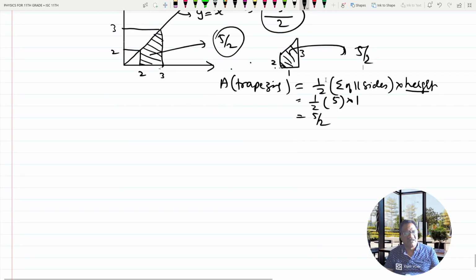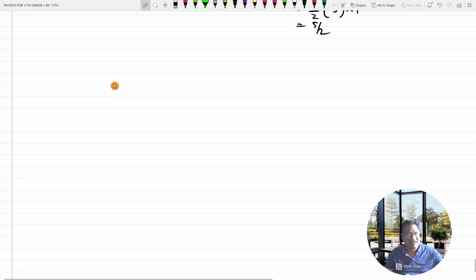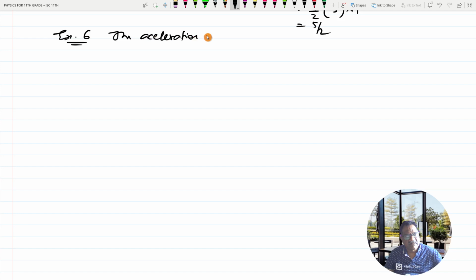Now one more numerical we'll do to wind up our session. That is example number 6. It says that the acceleration of a particle, of course a moving particle, is 2 meter per second square.